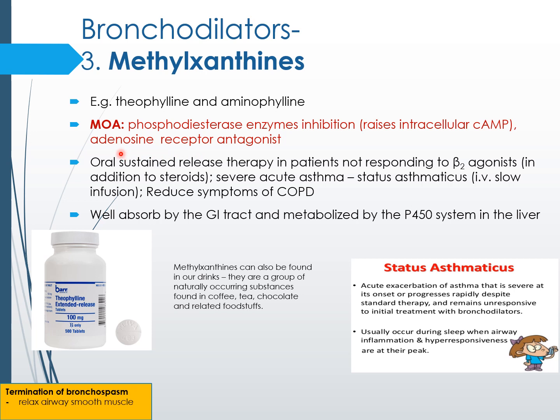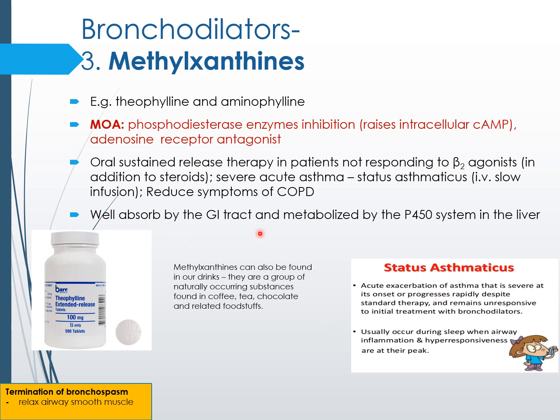It is also an adenosine receptor antagonist. Oral sustained release therapy is used in patients not responding to beta-2 agonists, in addition to steroid, and it is also used for severe acute asthma or status asthmaticus through IV. And here is the definition of status asthmaticus.